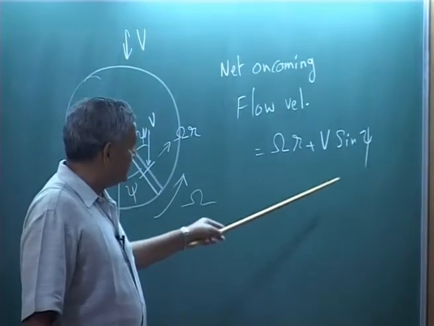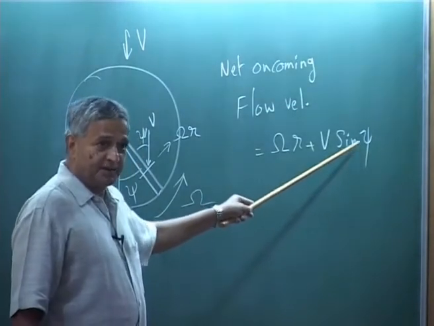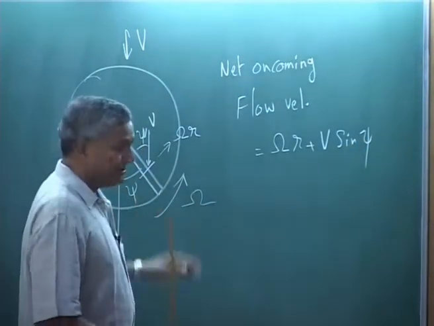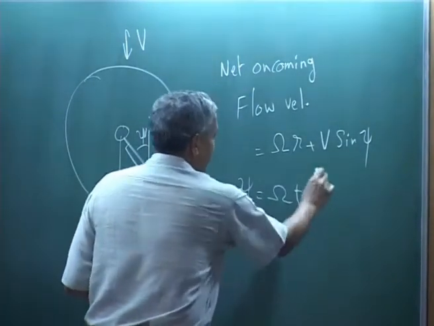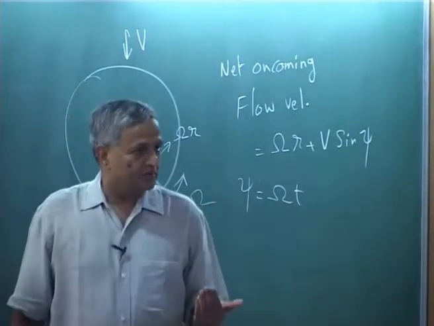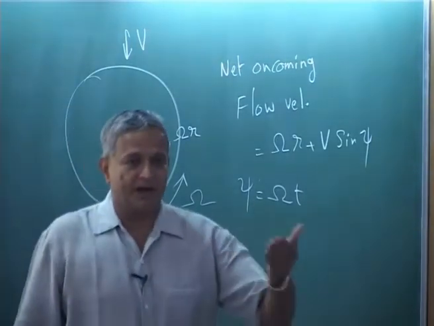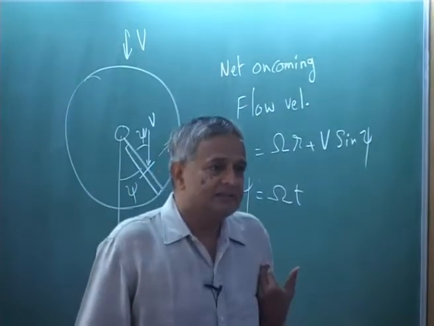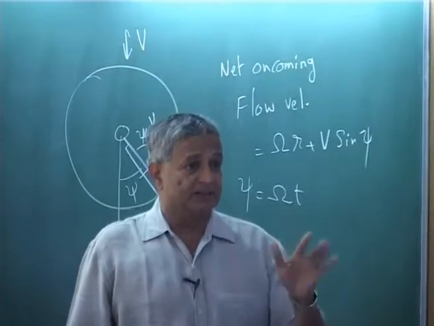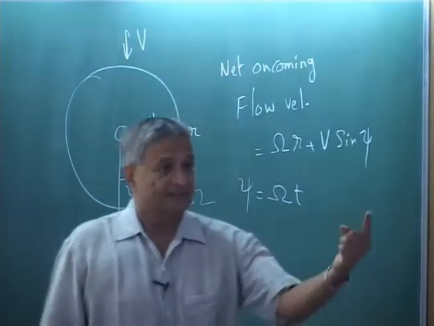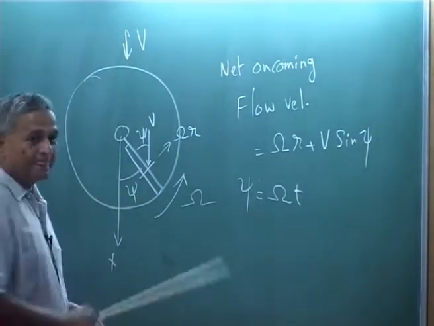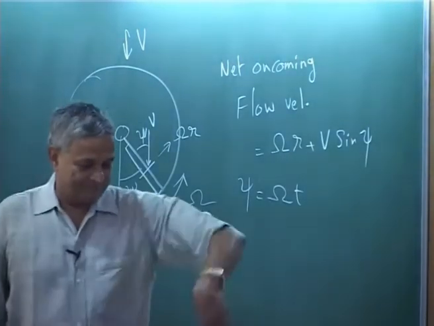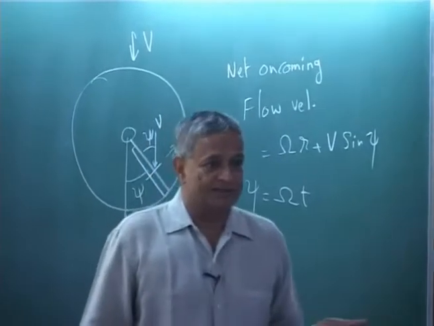Now, you know that psi is varying because psi is omega t. So, immediately it tells me my oncoming velocity is time varying, but what is the frequency? It is basically the rotor angular velocity omega t.